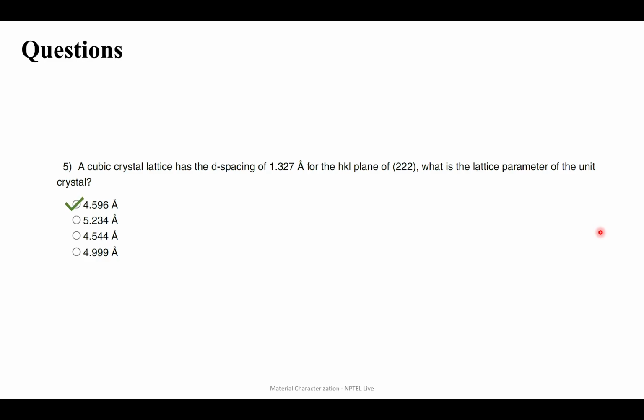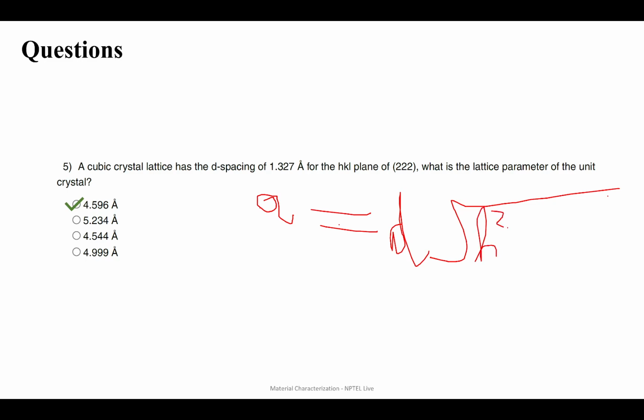So the answer to this will be 4.596 angstrom. For cubic crystal lattices, the formula for lattice parameter is given as a equals d, which is your d spacing, times the square root of h square plus k square plus l square.